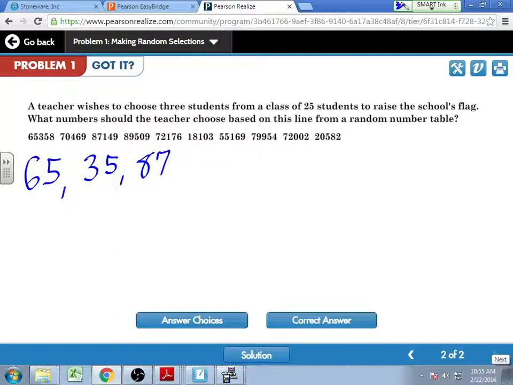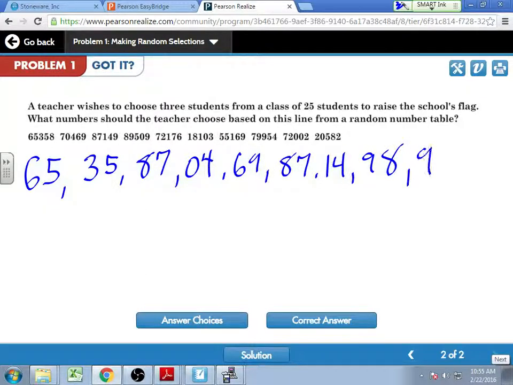And now I've bumped onto my second set of numbers. My next one is 04. And we keep going. I've only made it through my first 3 sets of numbers there. Well, I only need 3 people within the first 25 students, right?